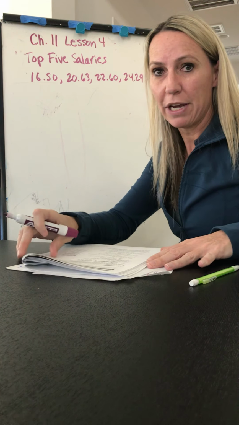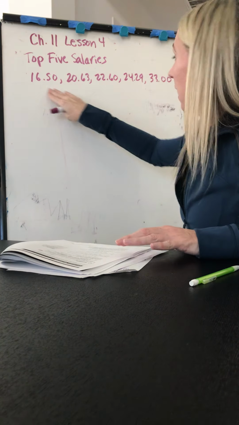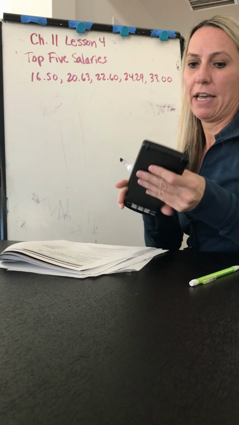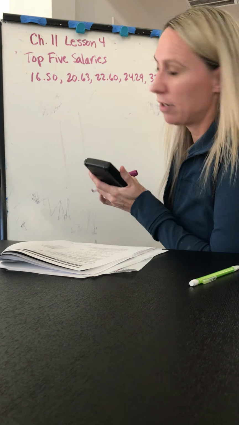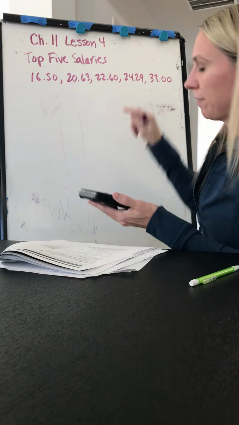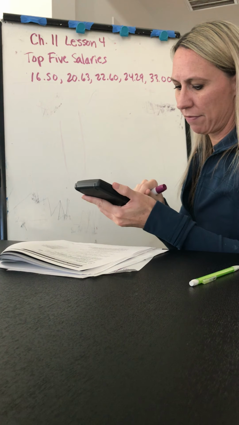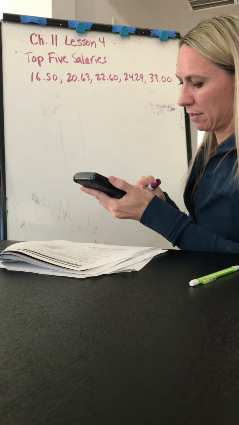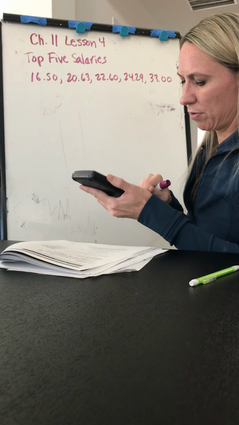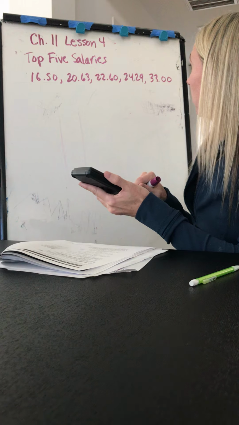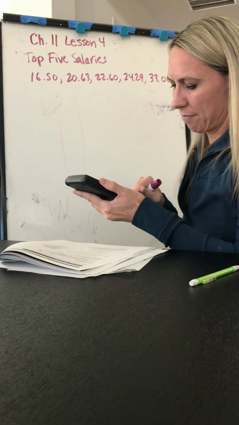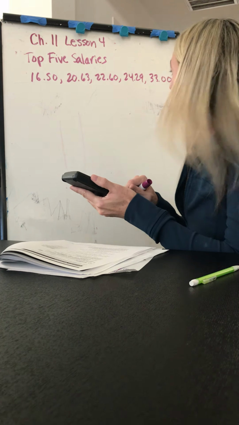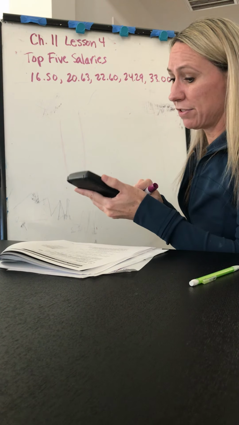So the first thing we have to do is find the mean. We're going to add all these up and divide by how many there are, which is 5: 1, 2, 3, 4, 5. So we're going to do 16.5 plus 20.63 plus 22.6 plus 24.29 plus 33. And again, I would use a calculator for this.